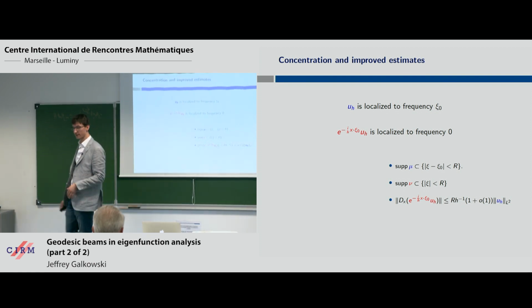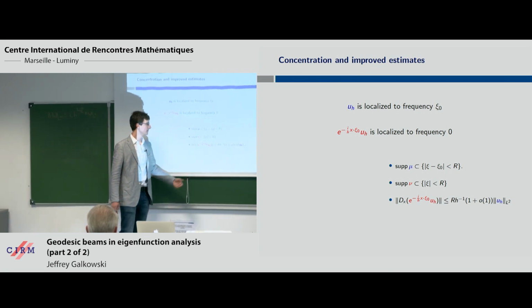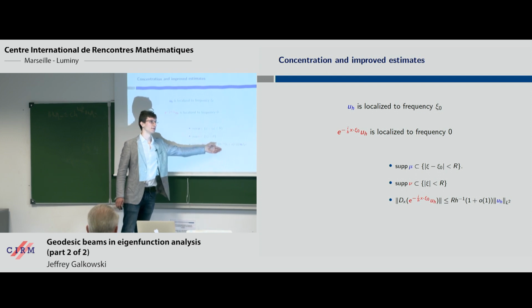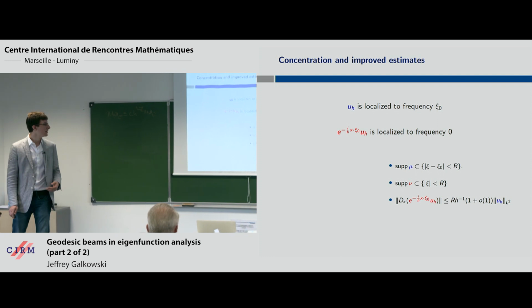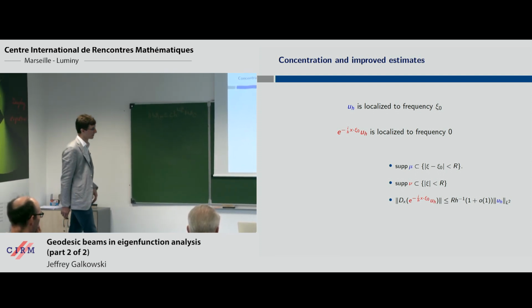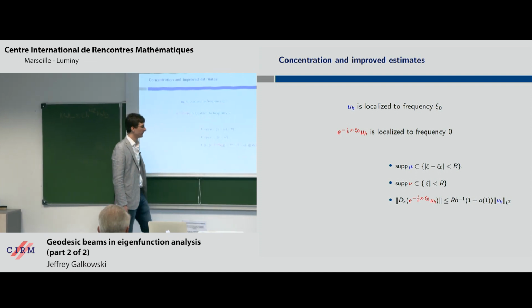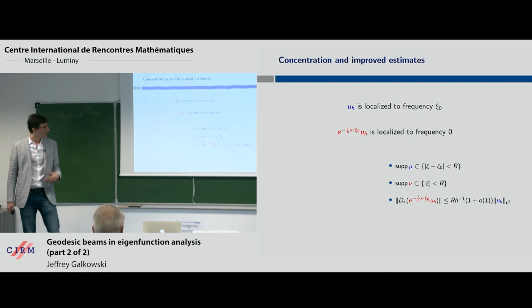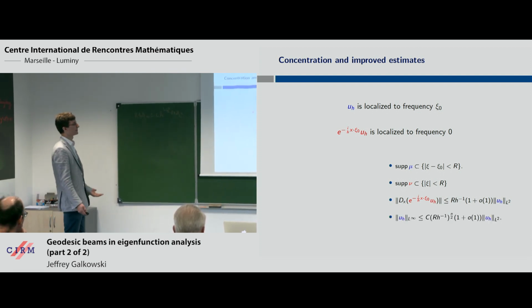And of course I can iterate this. I can take many derivatives. If I take n derivatives, I'll gain r to the n and lose h to the minus n. So this is better than the standard estimate for some compactly microlocalized function exactly by this power of r. Now I have estimates on derivatives. What can I do to get L infinity norms? Just use the Sobolev embedding.